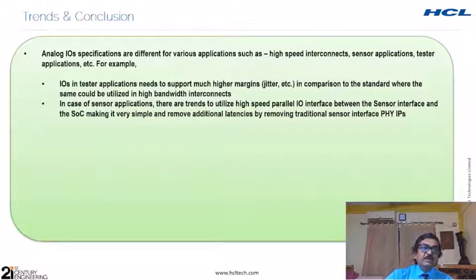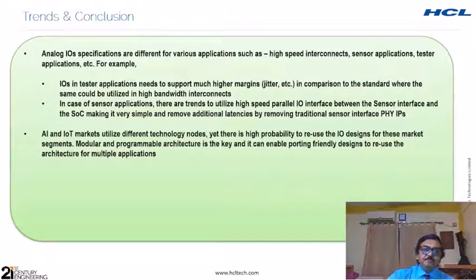In the case of sensor applications, there are trends of utilizing serial parallel interfaces between the sensor and the SOC, making it simple to use, and the latencies involved in using PHY IPs get removed.